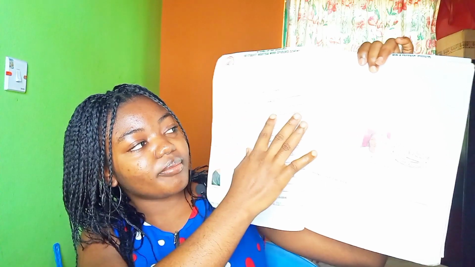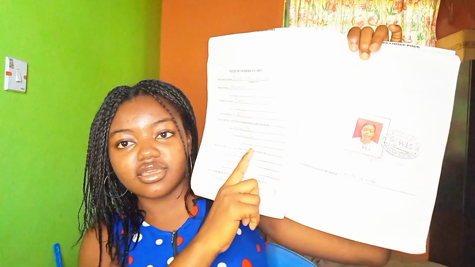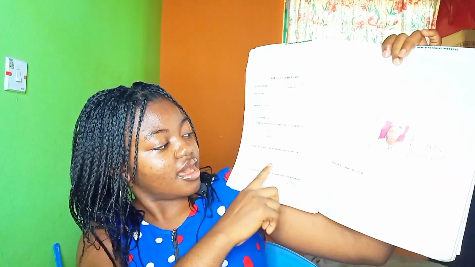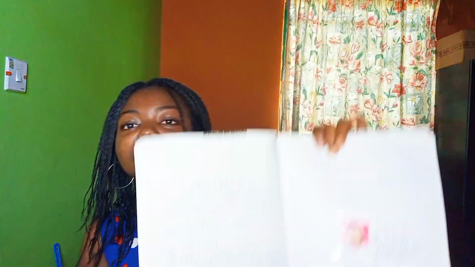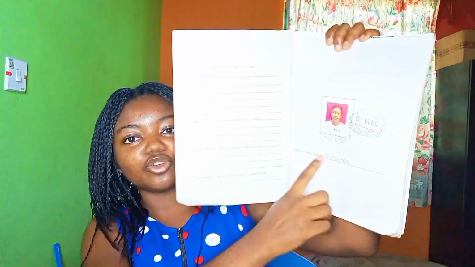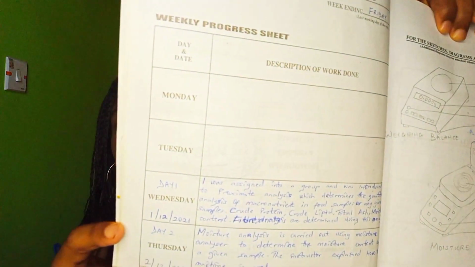On this side I just fill in my name, the name of my university, my course, my level, and the industry where I did my IT, my Siwes, and also the Siwes coordinator at the lab, because I did my Siwes in the school central research lab. On this side you'll be required to put your passport photograph, which I did here, and my matric number is below it.